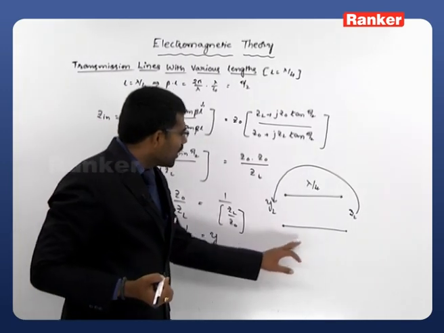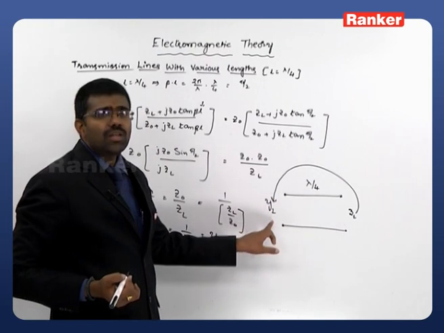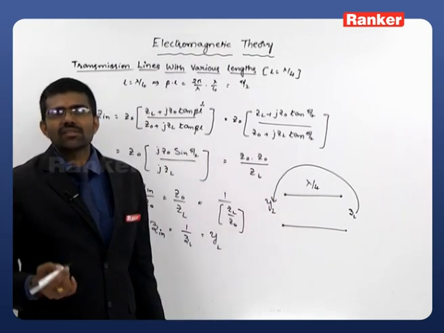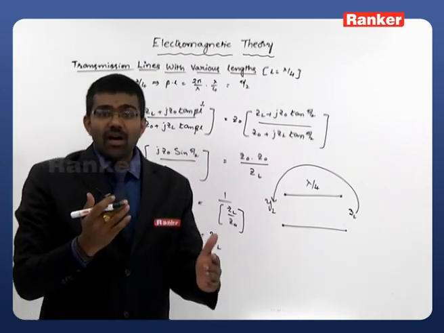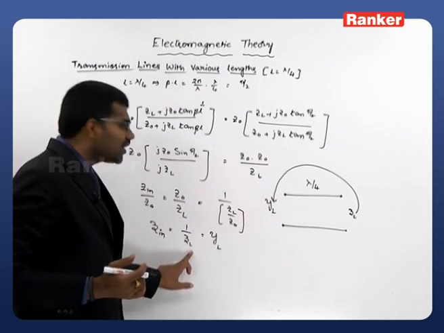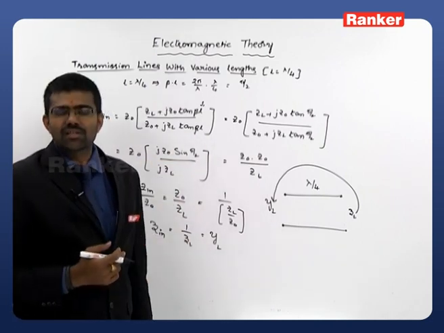Whenever we are considering a load, this load is transformed as admittance to the input end of our lambda by 4 line. That's why it is called an impedance transformer or impedance inverter, that the impedance was inverted here, right? The inverted impedance we are observing. That's why this is also called an impedance inverter.